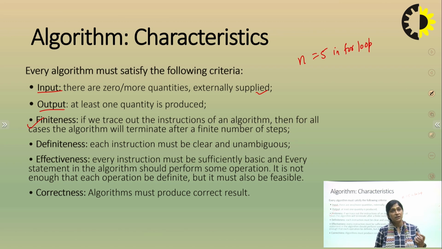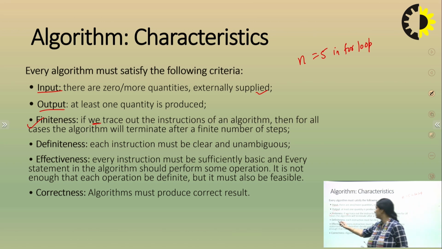It means there is some finiteness. You have taken a number n equal to 5. After this number, it will terminate. See here, if we trace out the instructions of an algorithm, then for all cases, the algorithm will terminate after a finite number of steps, like n equal to 5.